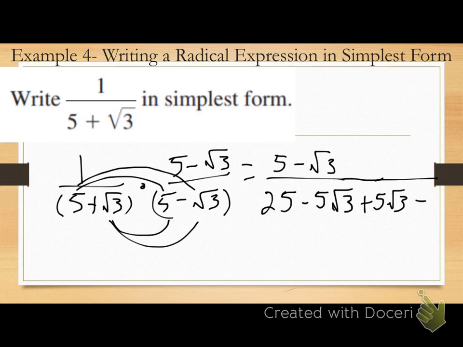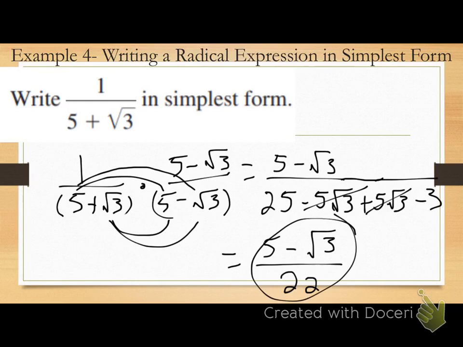Negative what? Negative 3. So I'd get the negative square root of 9. Square root of 9 is 3. So negative 3. What happens right here in the middle with my two radicals? They cancel out. That is why I have to use the conjugate to multiply by when I have an expression like that in the denominator. What's 25 minus 3? 22. There would be my simplest form of this expression.